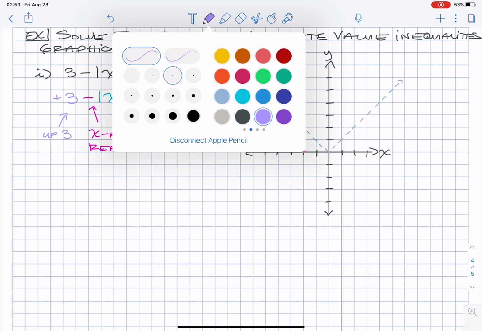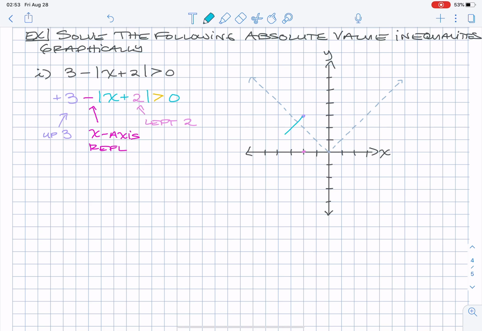So I claim when all is said and done, we're going to get a graph that looks like so. I claim that that has been shifted left 2, reflected about the x-axis, and then shifted up 3 units. So hopefully at this point you'll understand the intermediate steps that I didn't explicitly show.